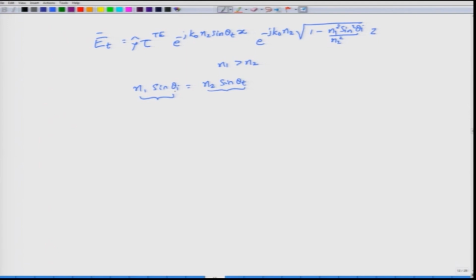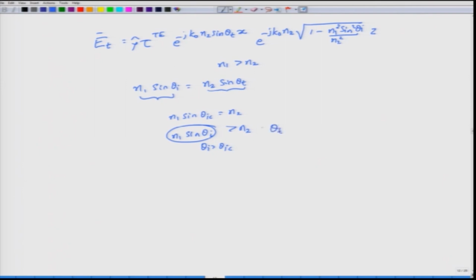Theta_I is changing, and theta_t is changing at a much faster rate compared to theta_I, because the product of these two should be equal to the product on the left hand side, but at some critical angle it just so happens that n_1 sin theta_Ic would be equal to n_2, and if your angle of incidence becomes greater than the critical angle, then this product would become greater than n_2, and you just cannot have a real value for theta_t.